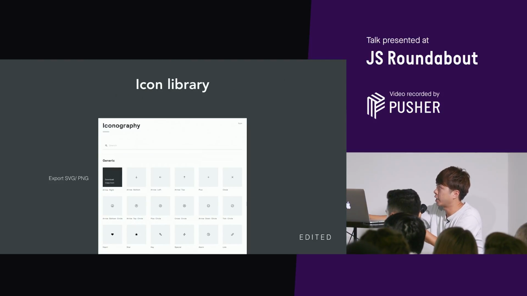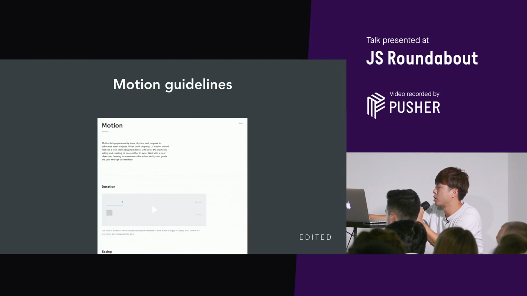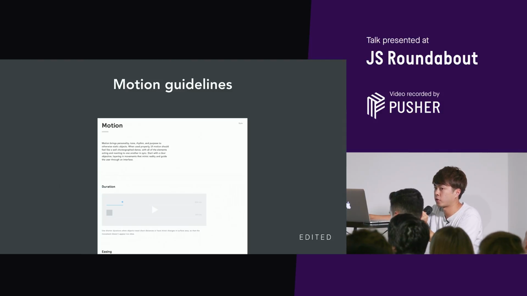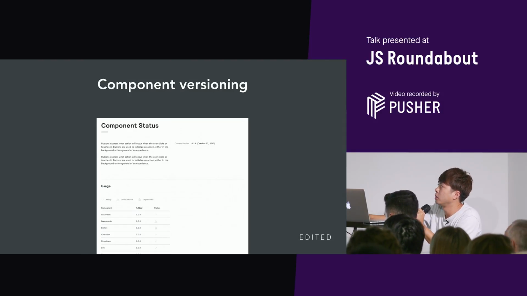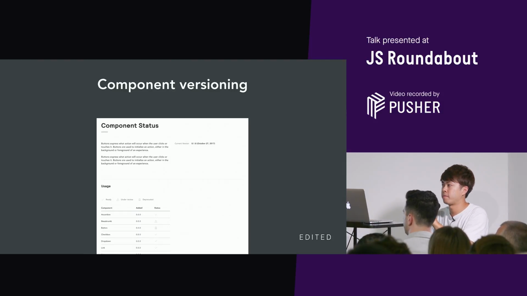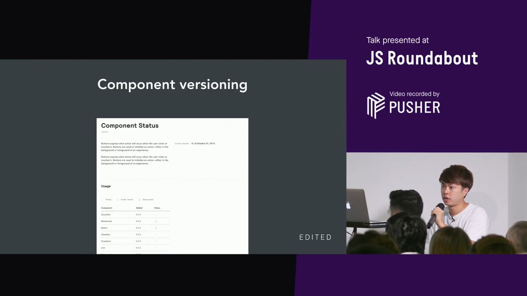We also have an icon library that anyone can go to and just export SVG and PNG. We have a motion guide to talk about the motion behavior across all the components. This is interesting. Imagine the style guide having more and more engineers working on it. The problem is it's very difficult to maintain the version of each component.